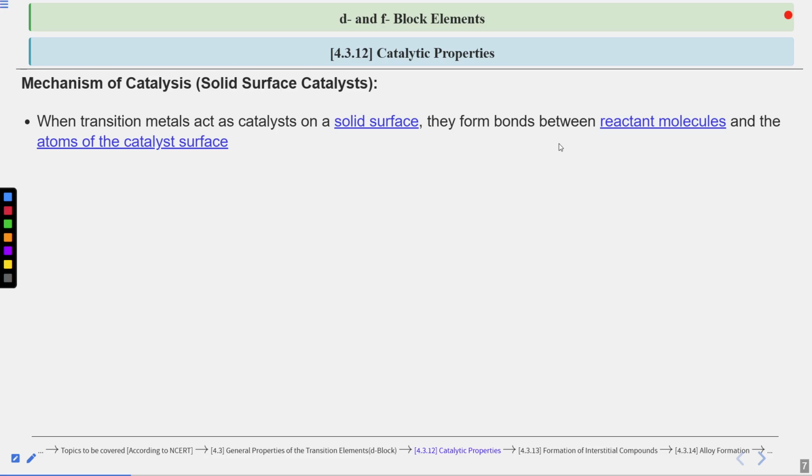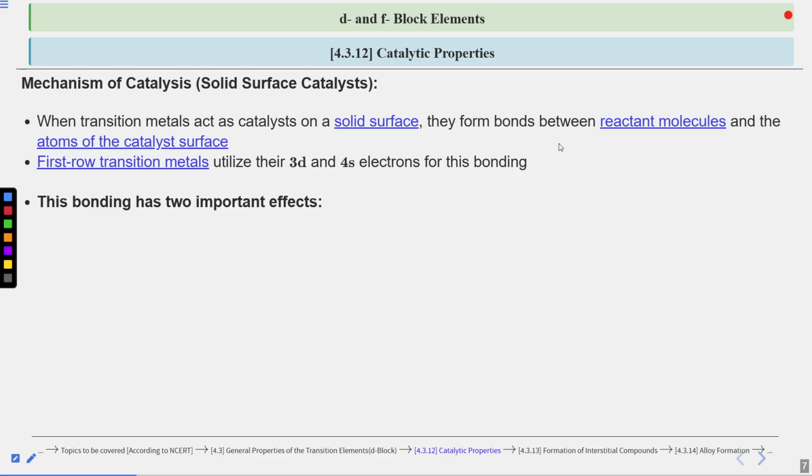Due to the interaction between the reactant molecule and the catalyst, for the reaction and for increasing the rate of the reaction. So first, the transition metals, that is the 3d series, utilize their 3d and 4s electrons for this bonding between the reactant molecules and the atoms of the catalyst surface.